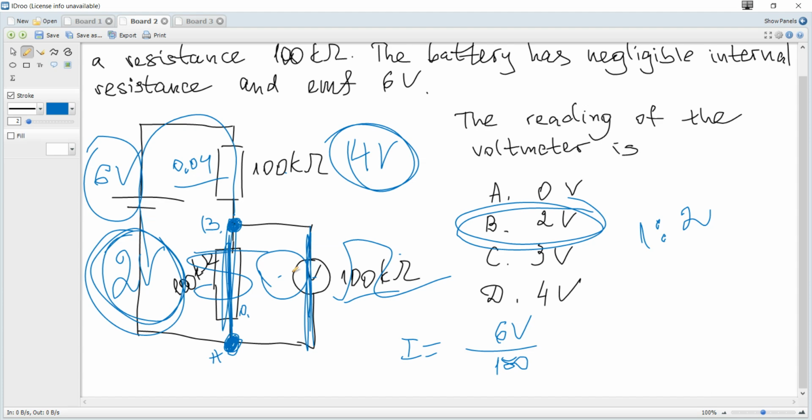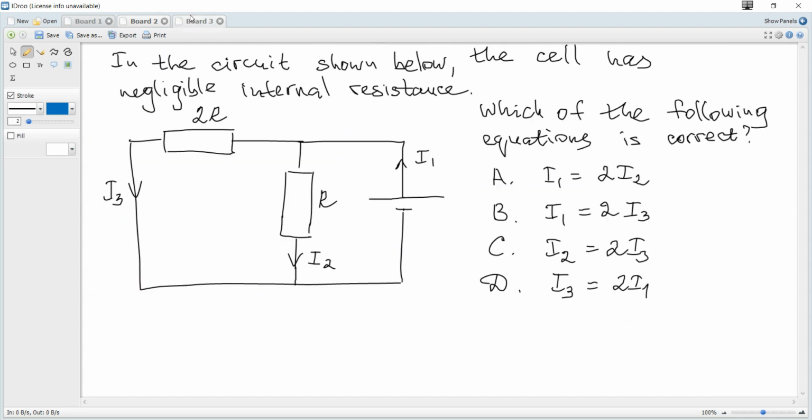But in general, it's not true. And we can find voltage across this as 0.04 times 100. It's what? It's just 4 volts. So 4 volts across this. Hence, across AB, voltage is 2 volts. The same result. The next.